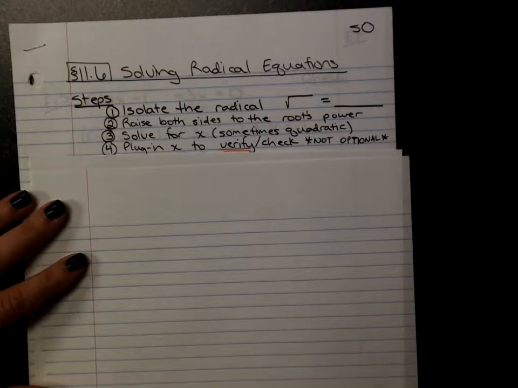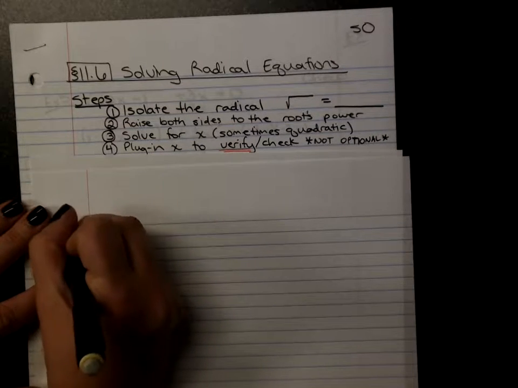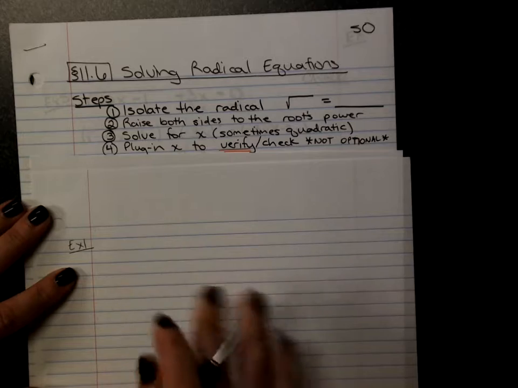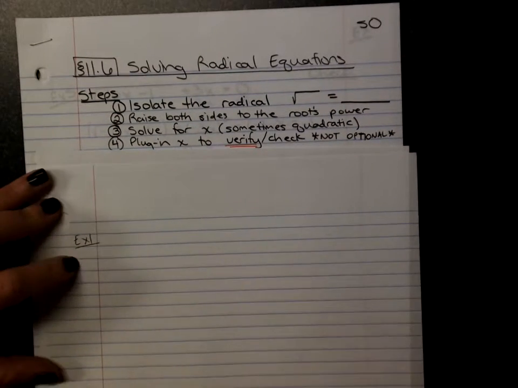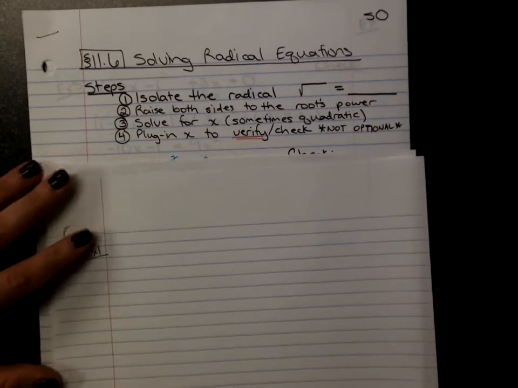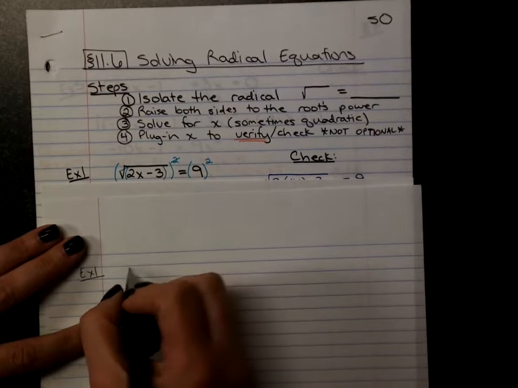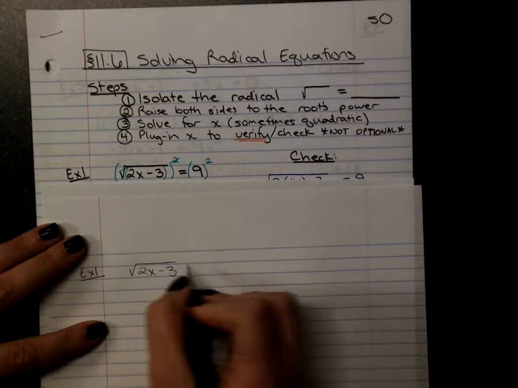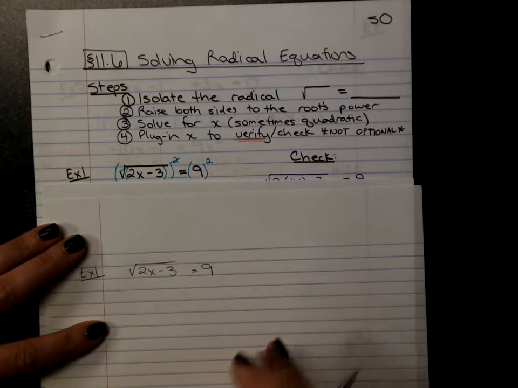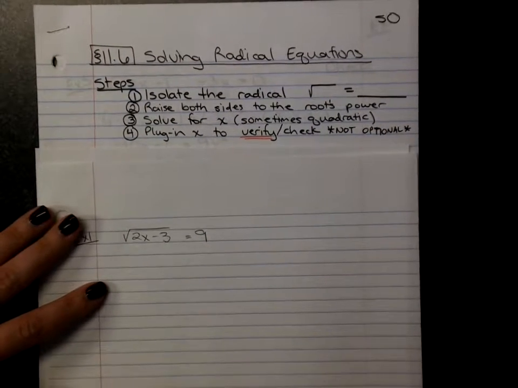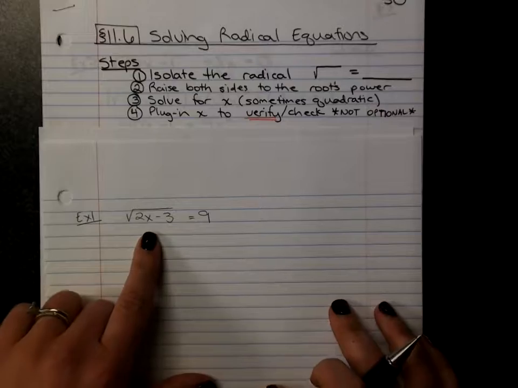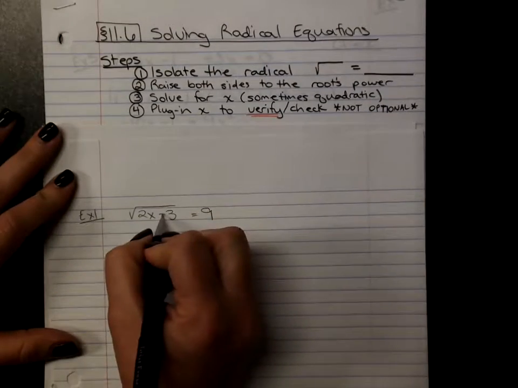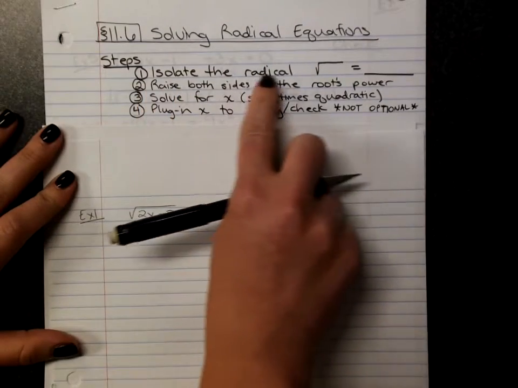Alright, so for example 1, let me write the original problem. If you have the square root of 2x minus 3 equals 9. The first thing you want to make sure is that the radical is isolated.